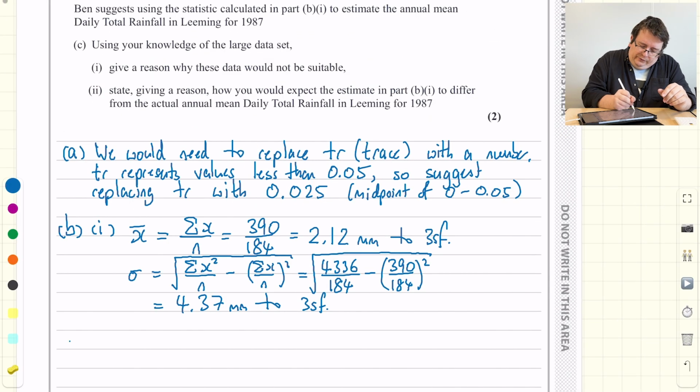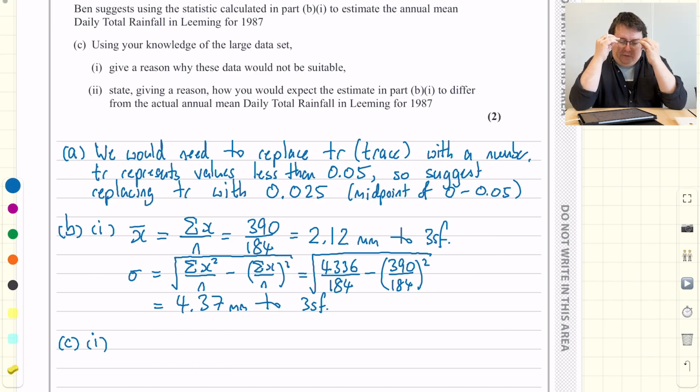So, part C. Ben suggests using the statistic calculated in part B1 to estimate the annual mean daily total rainfall in Leeming for 1987. Using your knowledge of the large data set, give a reason why these data would not be suitable. Okay, so had to look this one up as well.